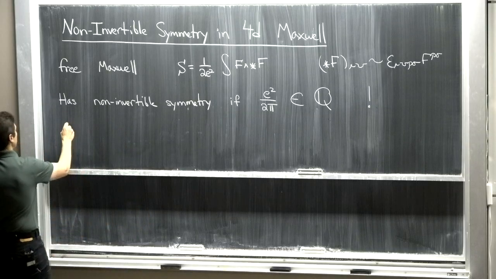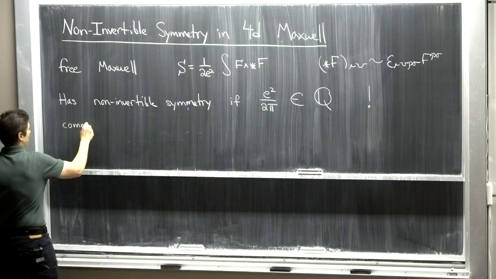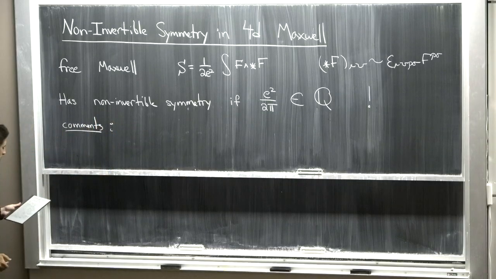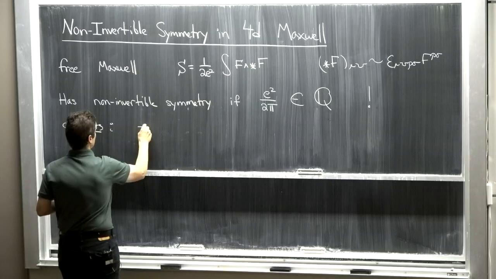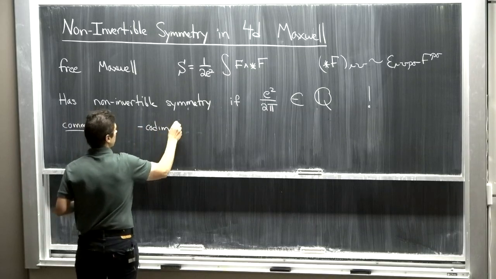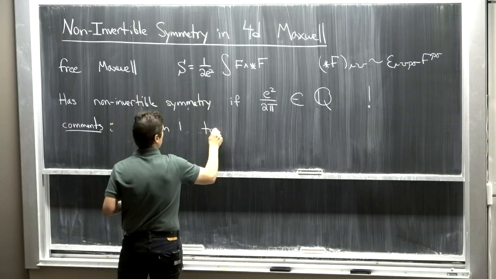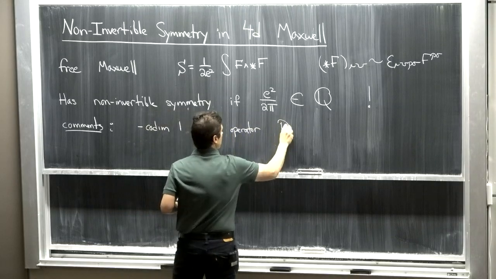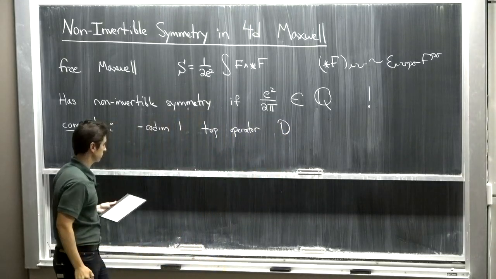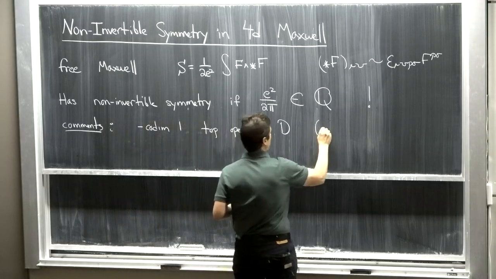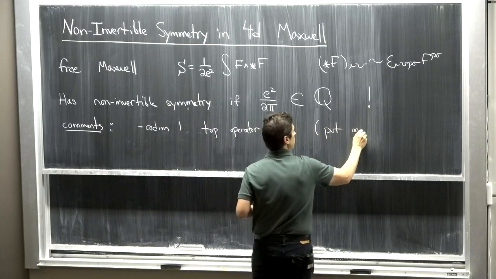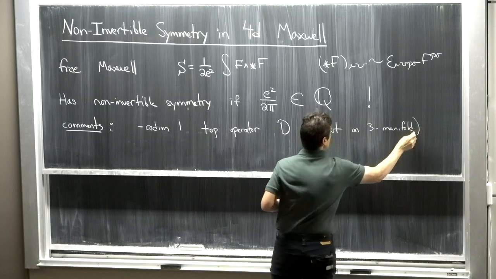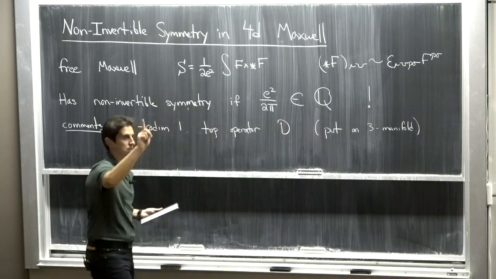Okay, so 2 comments. We'll have lots of comments, obviously, and we're going to kind of derive this as we go along today. But first comment is this is some codimension 1 topological operator D. So it's something that could be put on a 3 manifold. For instance, that 3 manifold could be all of space.